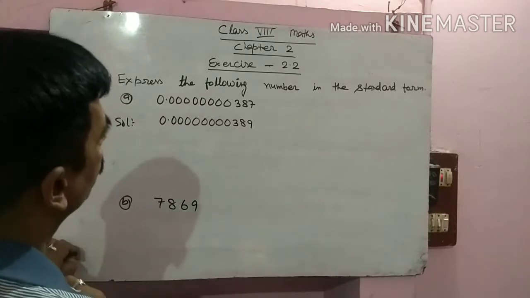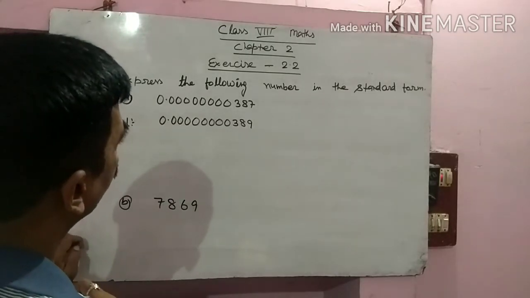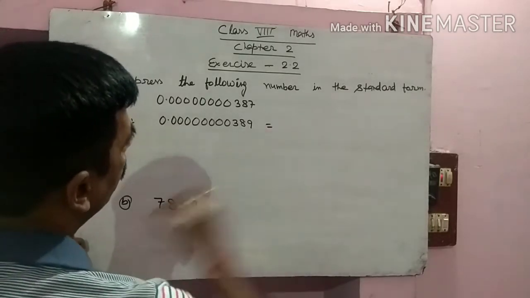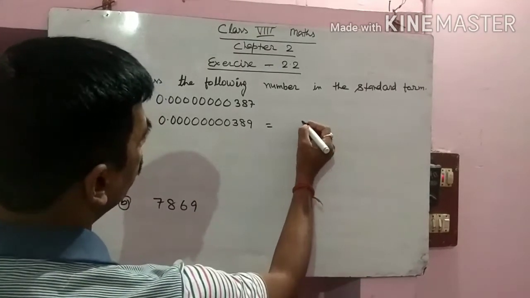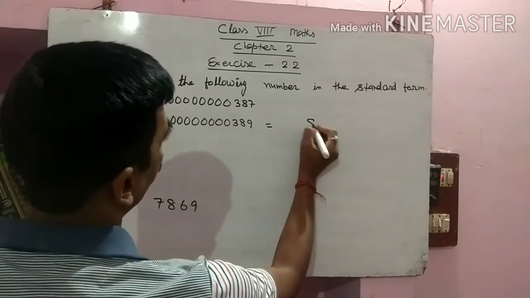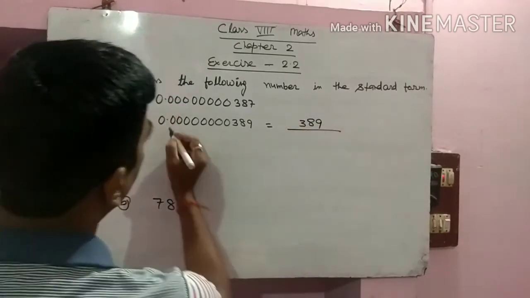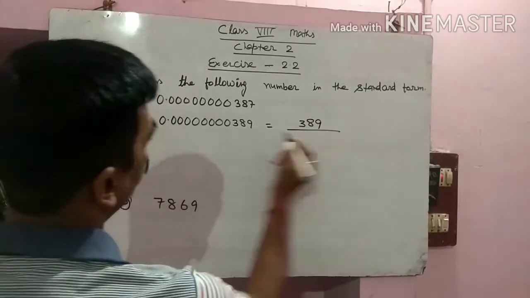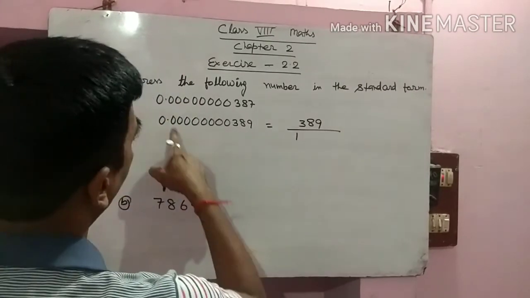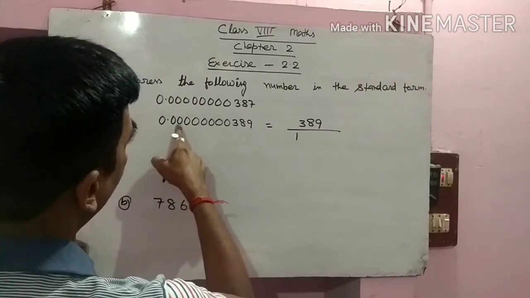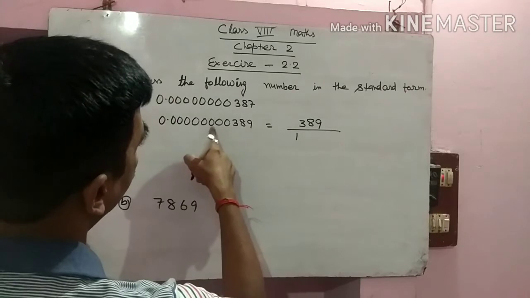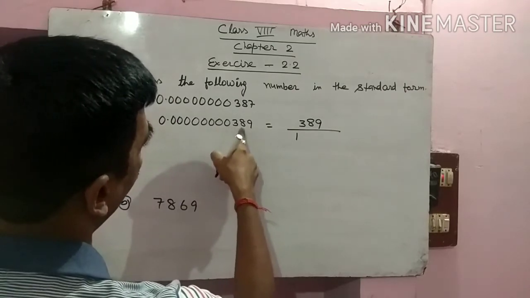You have just written this number. If you remove this decimal, it becomes 389 by 1, for the decimal we have to write 1 here, and how many digits are there? 1, 2, 3, 4, 5, 6, 7, 8, 9, 10, 11.